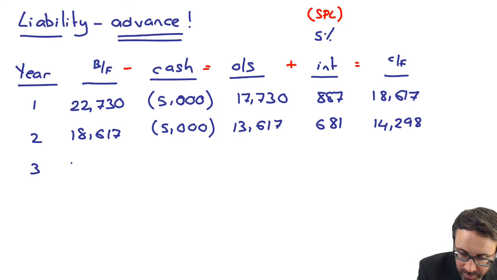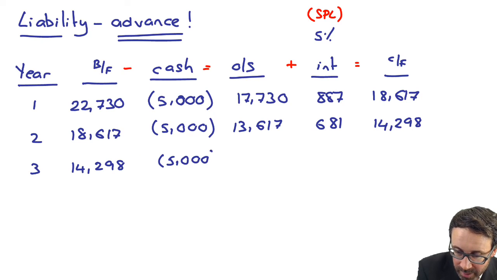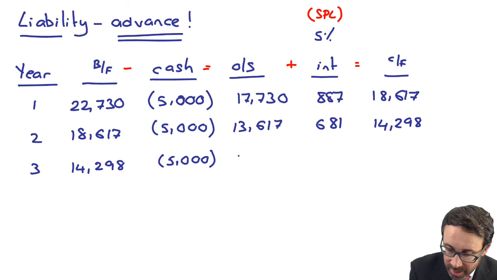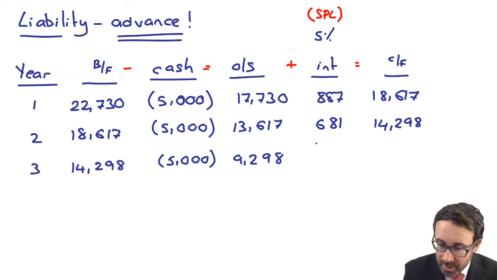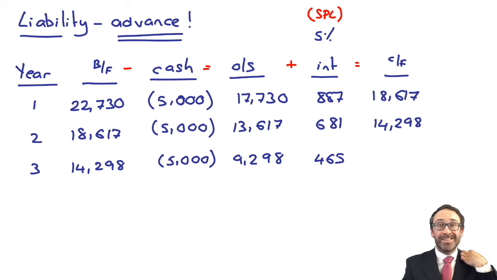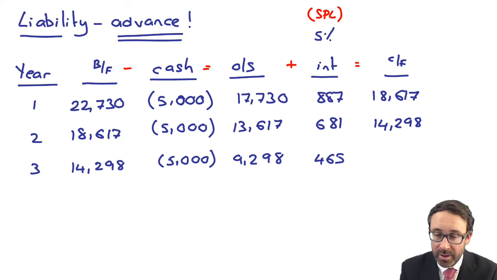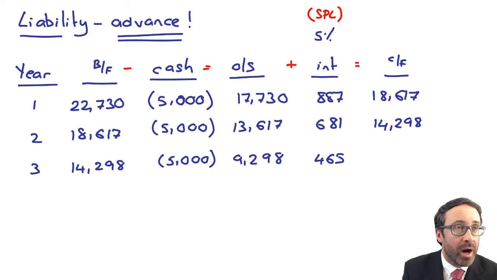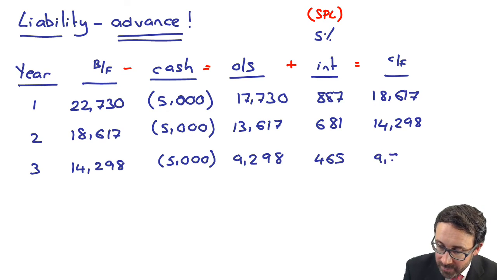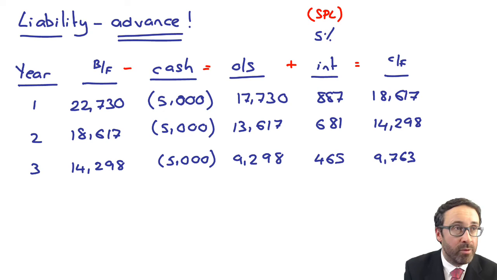Year 3, we have 14,298. The liability is reduced by the payment of 5,000 to give me 9,298. I apply the 5% at 465, which I then add to the 9,298 to give me 9,763.